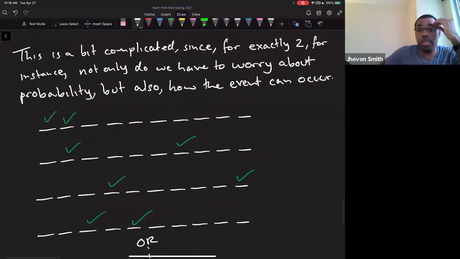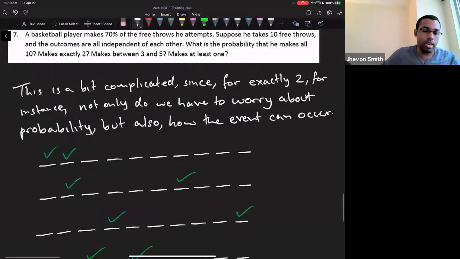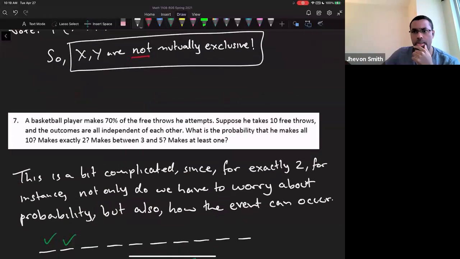So besides the probability, you also need to figure out how is he getting the two. Which makes it complicated. So now you're going to have to do counting while you're doing probability, besides the counting that you need to do for the probability. Well, here the probability is kind of given. You're given the 70%. So the probability itself, the counting, you don't really need it there. It's given to you. But now the idea is, how do we do this in this kind of structure?